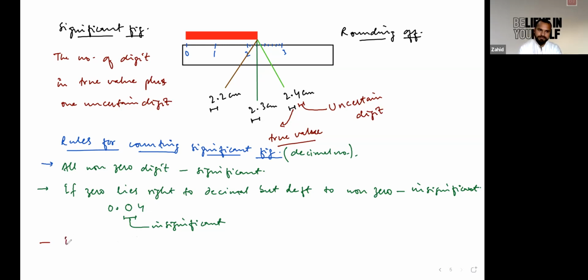Now, the next rule is if 0 lies right to the decimal and right to a non-zero digit, then it will be significant.